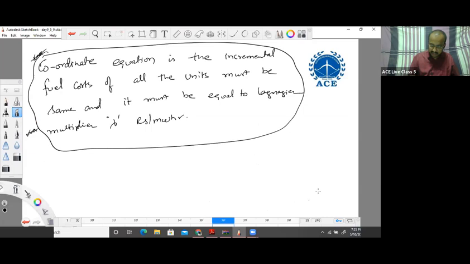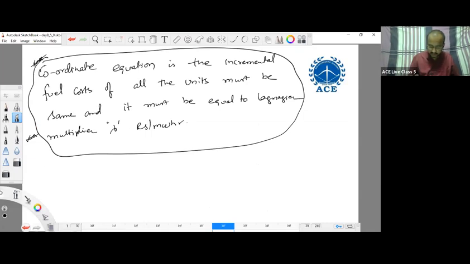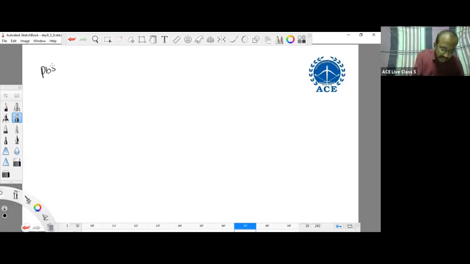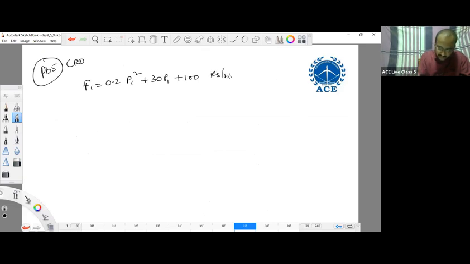So how to solve the problem given? What is the fuel cost equation given? F1 is equal to 0.2 P1 square plus 30 P1 plus 100 rupees per hour. This is the first equation.